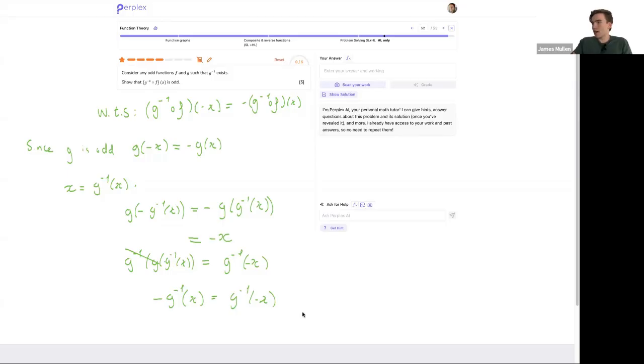And now I can consider g negative 1 of f of negative x, which is the thing I want to consider. I can write that as g negative 1 of negative f of x, because I know that f of x is odd, so f of negative x is going to be negative f of x. And I figured out that g was odd, which means that g negative 1 of negative something is negative g negative 1 of f of something.